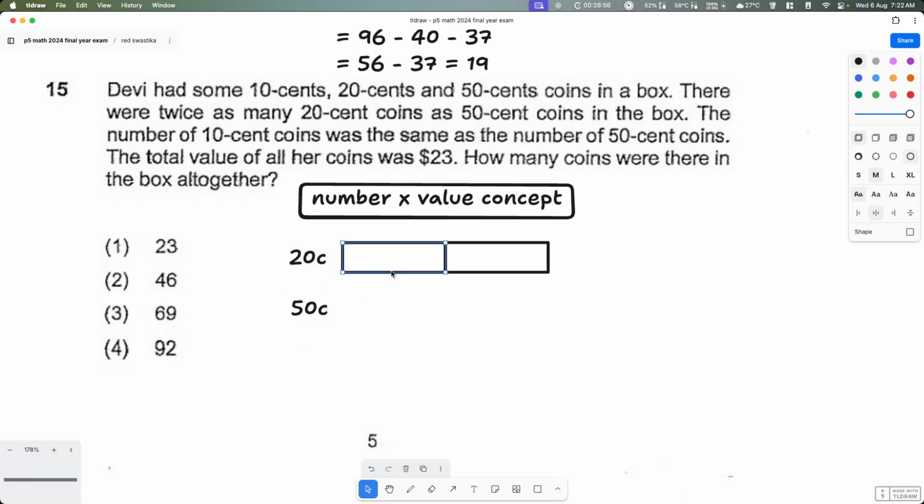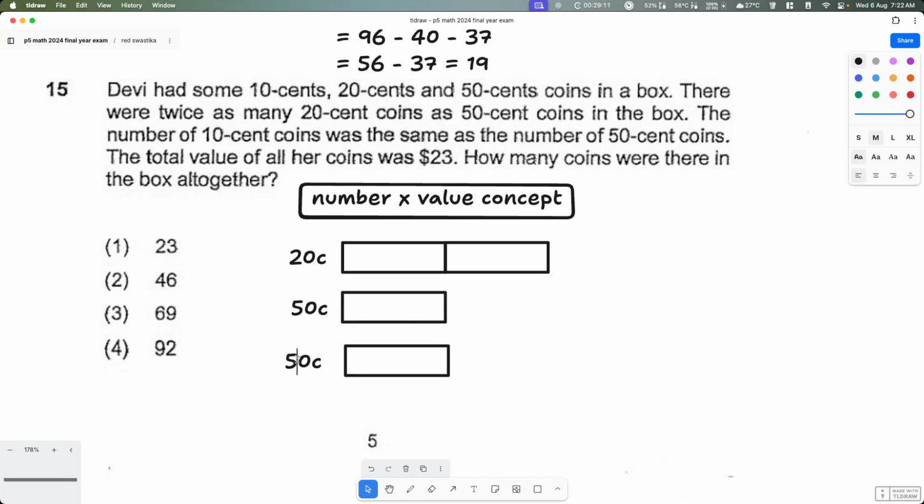The number of 10-cent coins was the same as 50 cents, so 10 cents as well. And then over here we can put 1 unit, here is 1 unit, here's 1 unit, here's 1 unit.